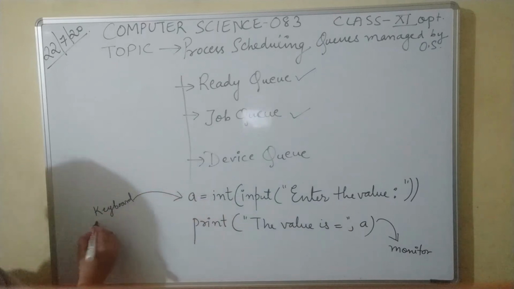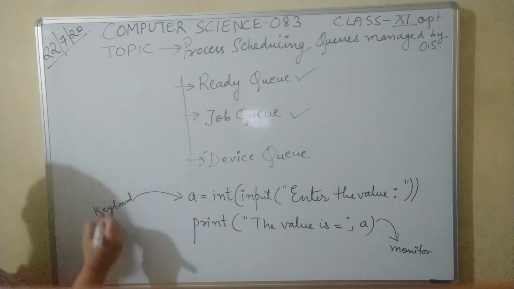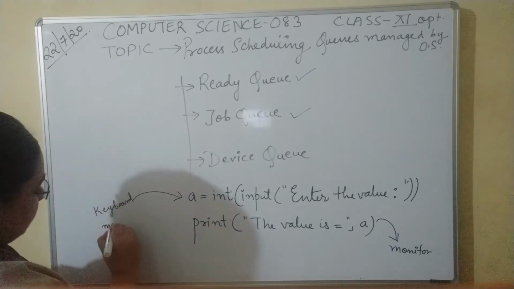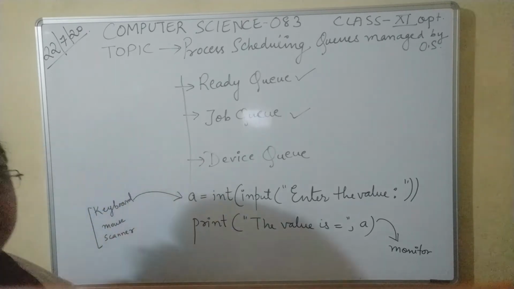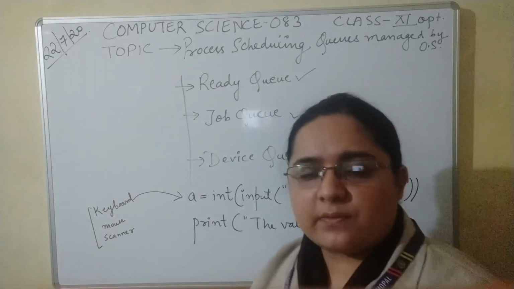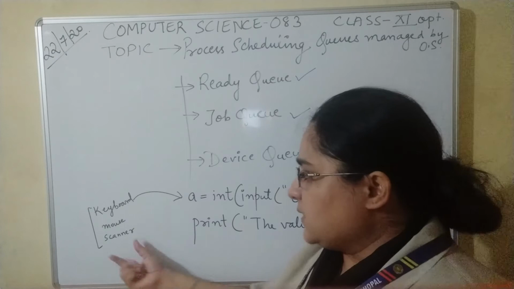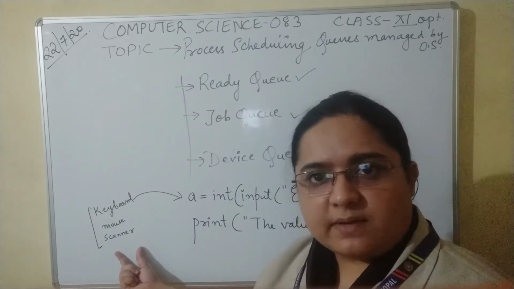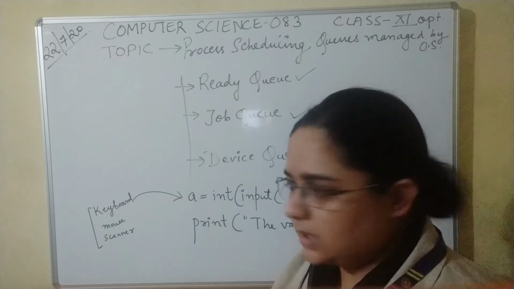For example, this input statement will be handled by input devices like keyboard, mouse, scanner and so on, depending upon the type of input which is given. The biometric scanner, which is used for taking attendance of employees in offices, is a type of input device which takes our fingerprint impression as the input. Understood?